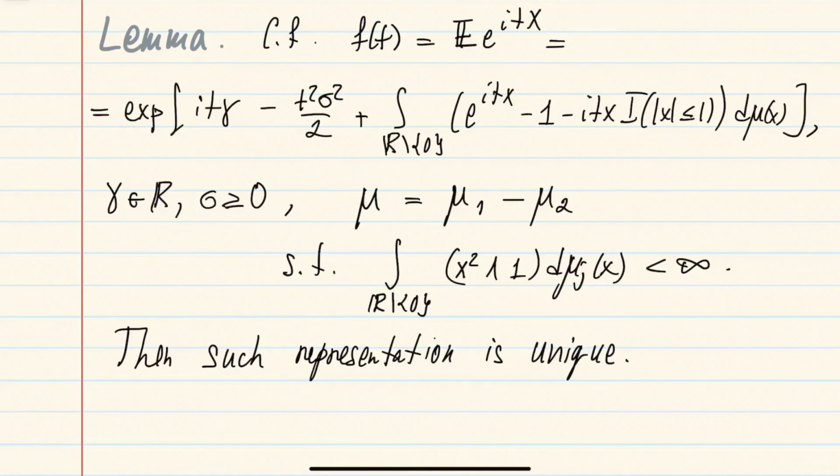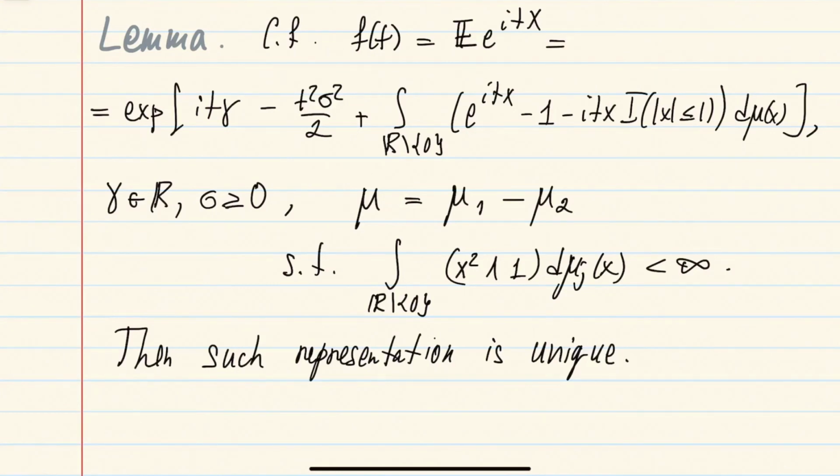Now the proof of this is really one line, so I'm not going to write this here. Simply, if you have two such representations, you simply rearrange by moving the negative part of the measure to the other side of the equation. And then you end up with equal representations for the proper non-negative measures. And since we already showed that such representation is unique, it really means that all the pieces have to be the same.